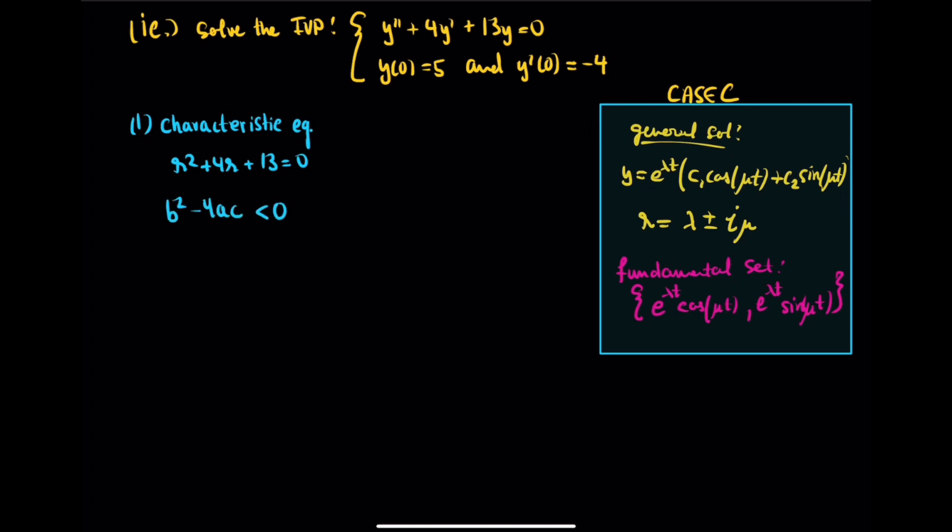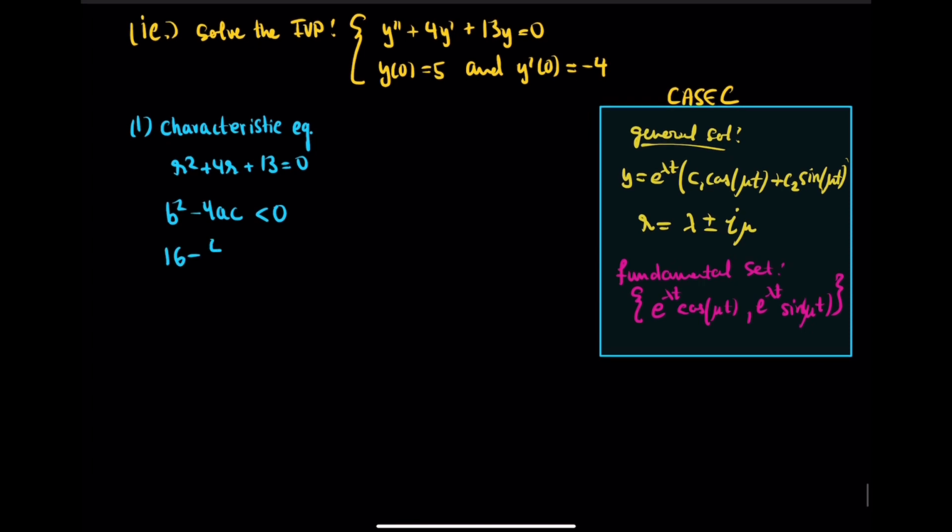So b squared is 16 because 4 squared is 16, and then 4 times 1 times 13 is 52. 16 minus 52 is less than 0, yes. Okay, so therefore this is a complex root.